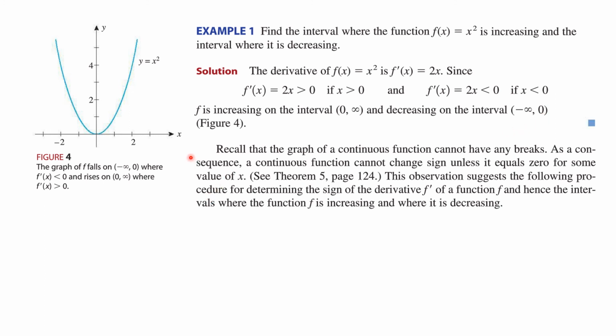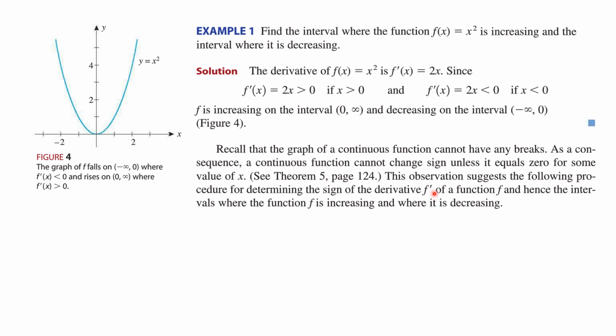Now, here's a picture of that, and you can see we have a negative slope here and a positive slope here. Recall that the graph of a continuous function cannot have breaks. As a consequence, a continuous function cannot change sign, S-I-G-N, unless it equals 0 for some value of x. And this is part of the intermediate value property for continuous functions that we talked about previously.